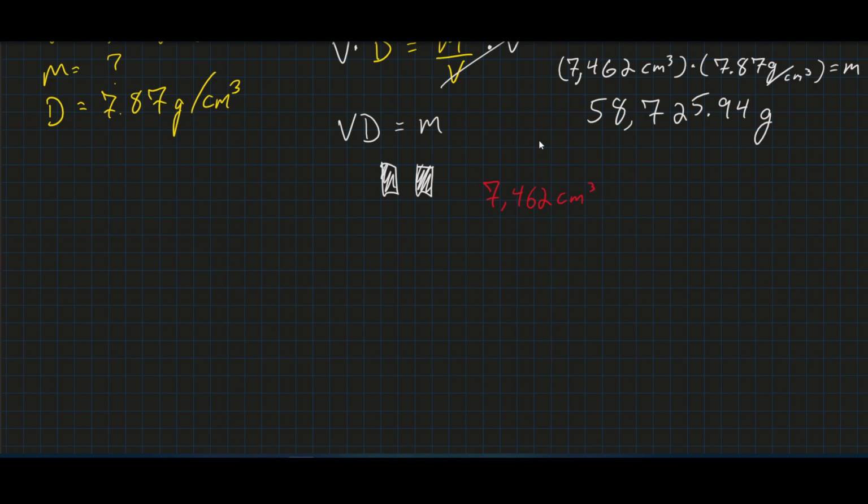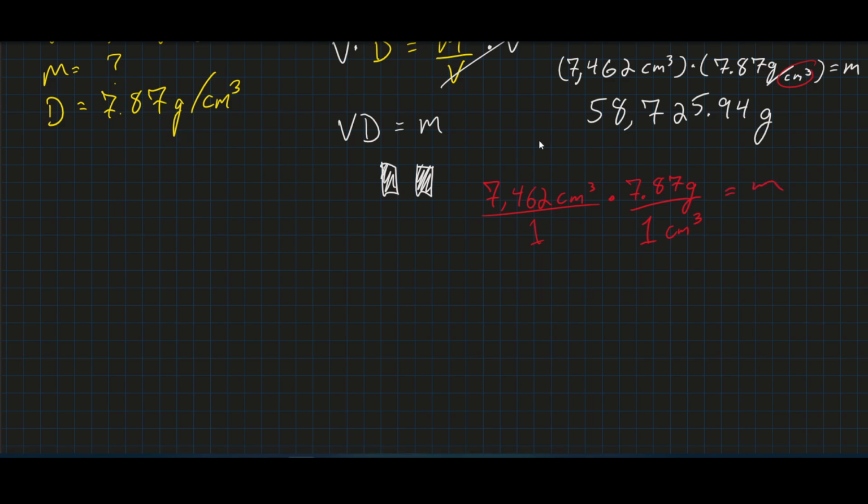If I turn this into a fraction, that's just over 1 times 7.87 grams over 1 centimeter cubed, because the centimeter cubed is at the bottom of a fraction, equals mass.